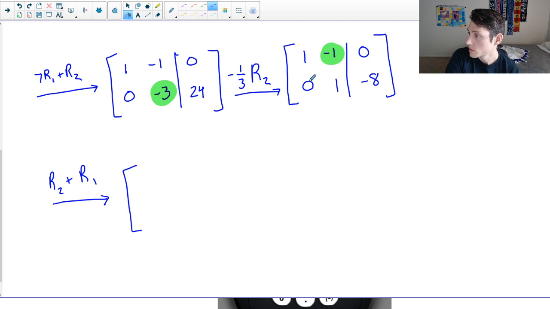All right, so 0 plus 1 is 1. 1 plus negative 1, 0. Negative 8 plus 0 is negative 8. And then row 2 just stays the same. Remember, in this format, whatever the first row that you list here is stays the same. 0, 1.